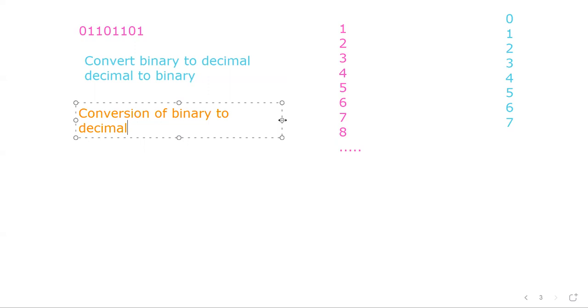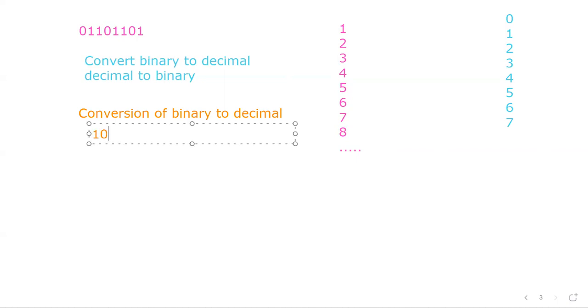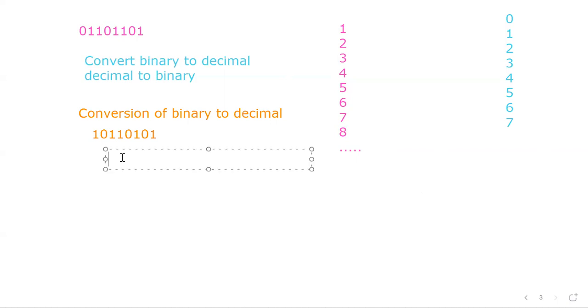We have a formula to do this. Our positions start with 0, 1, 2, 3, 4, and we also know that it has 8 bits. So start with this: 1, 0, 1, 1, 0, 1, 0, 1. Okay. So the formula for this is 2 to the power n multiplied by our bit. Okay.